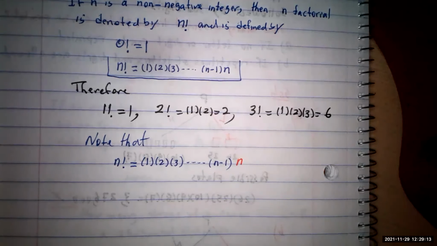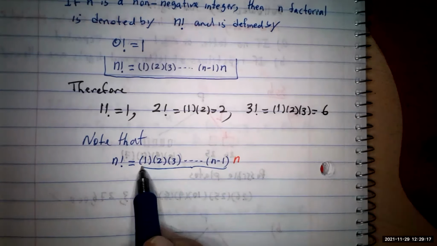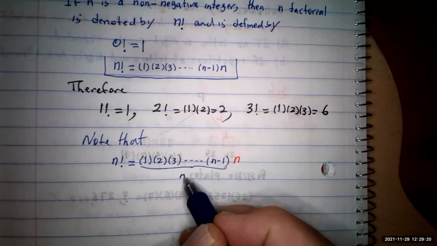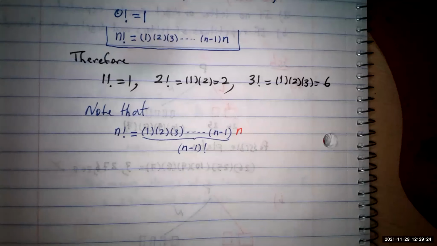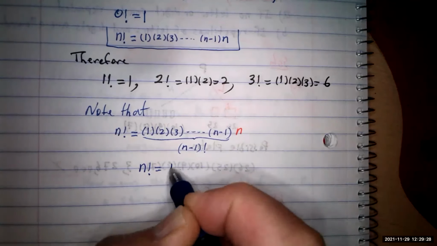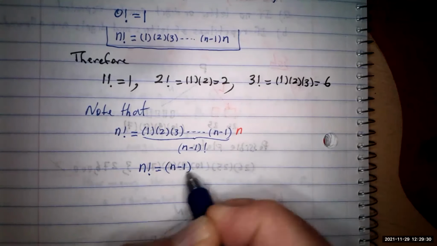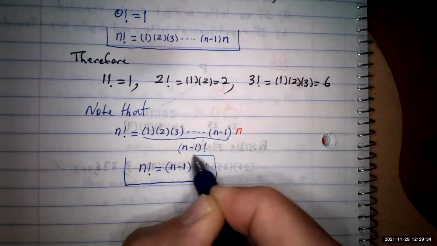You see this part over here: since this is up to n minus 1, I can call it n minus 1 factorial. So n factorial is equal to n minus 1 factorial times n. It would be very useful in simplifying the problem.